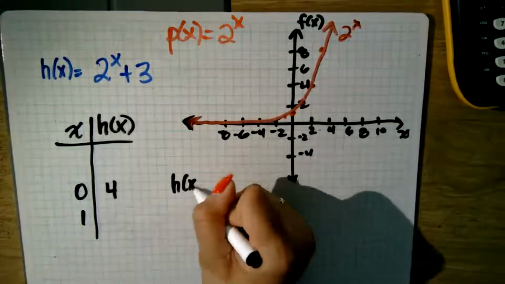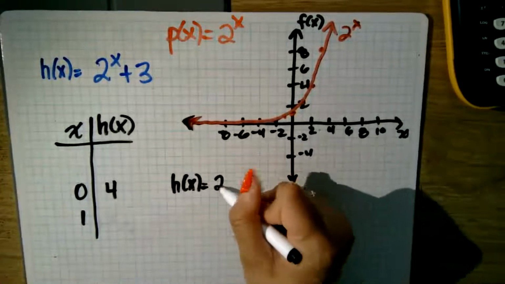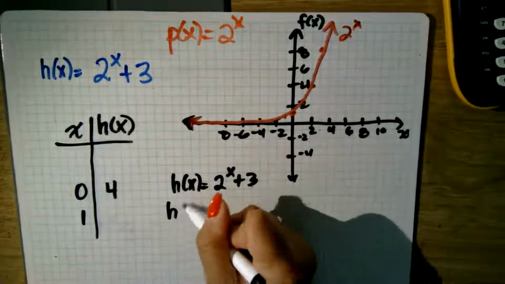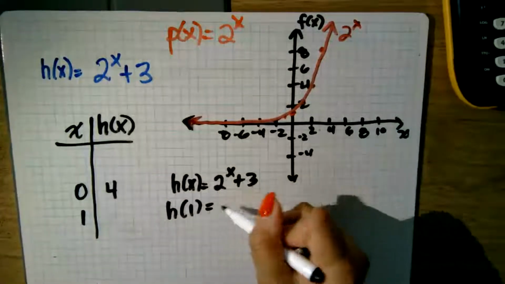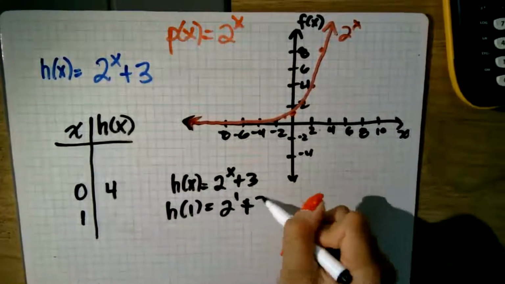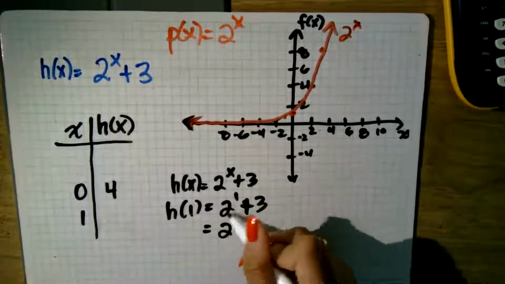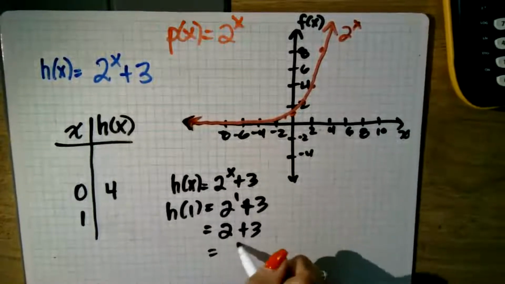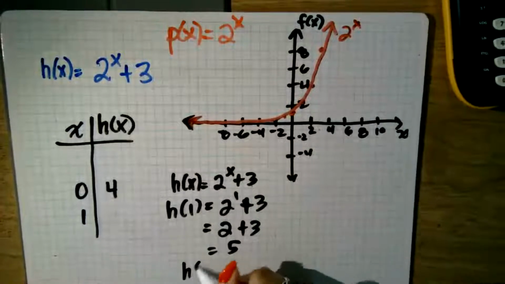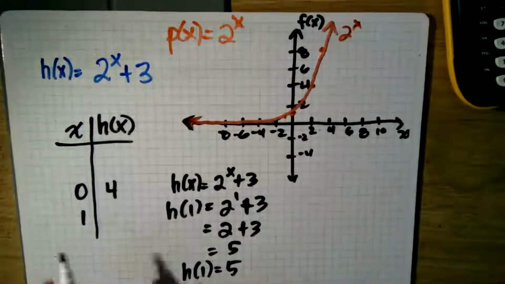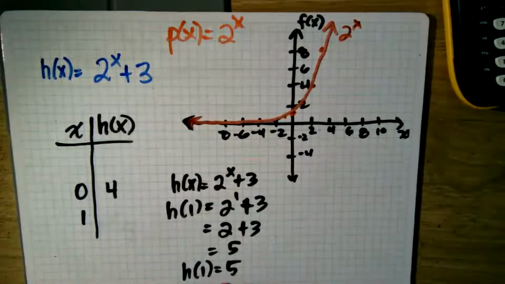Watch, this is what I'm doing. I have 2 to the X plus 3. H of 1, that's my input. Wherever there's an X, I put that in. 2 to the 1 is 2, plus 3 gives me 5. So H of 1 corresponds to 5. Whenever I have an input of 1, my output is 5.